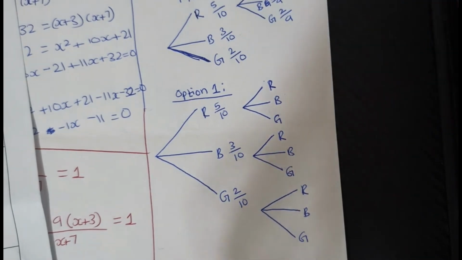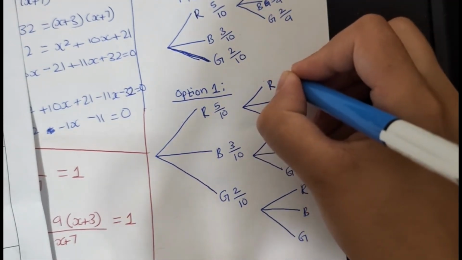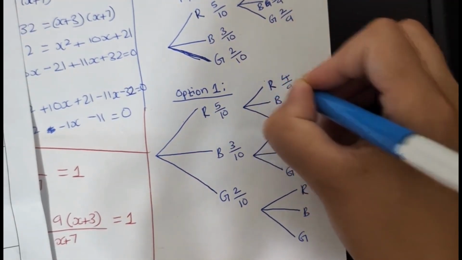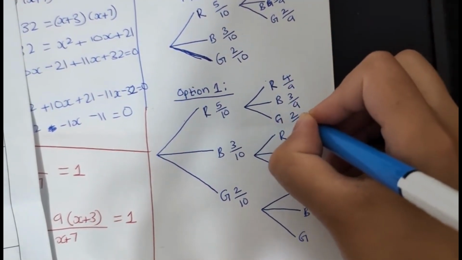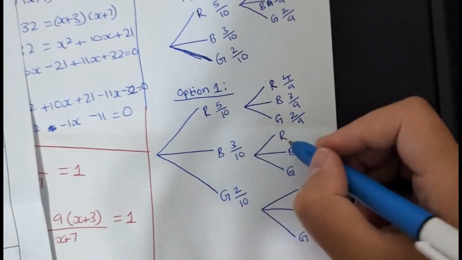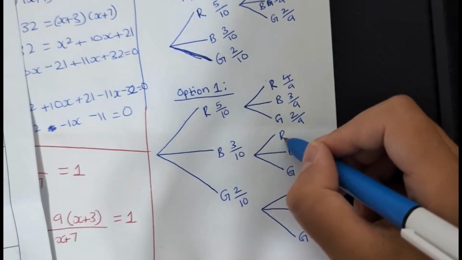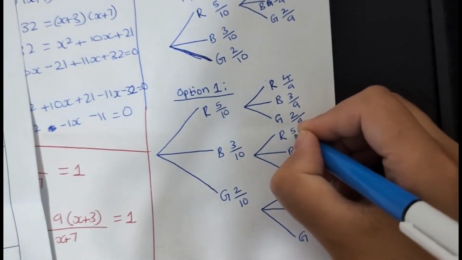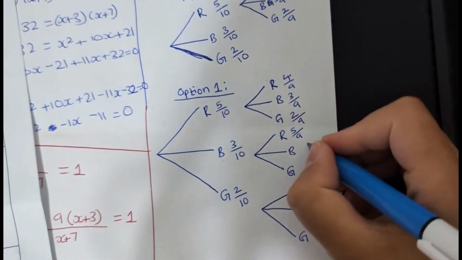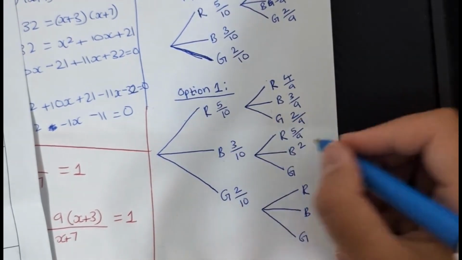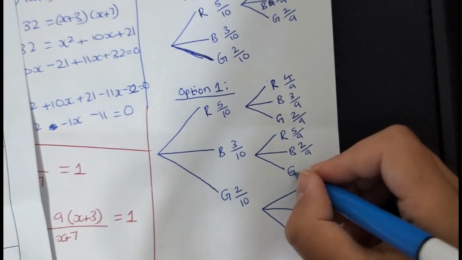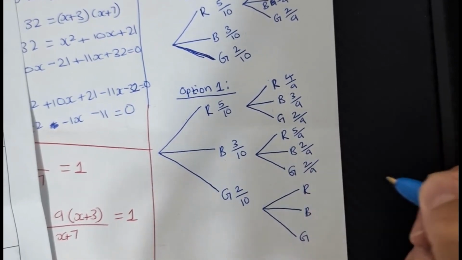So if we fill in this one, we'll be left with 4 9ths, 3 9ths here, as I mentioned above, 2 9ths. Now in this one, if I picked a B, red is going to stay as 5, so it'll be 5 9ths. Blue would now become 2 because we've already assumed that we took 1 from there, so it's 2 9ths. G would remain as 2 9ths.